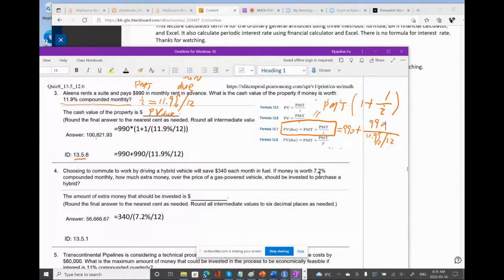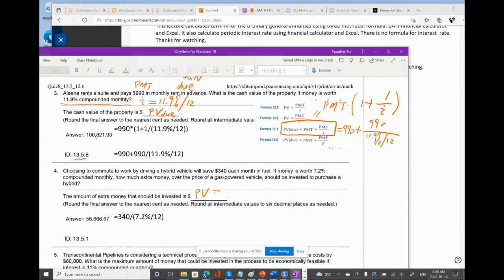If money is worth 7.2% compounded monthly, how much extra money over the price of gas-powered vehicle should be invested to purchase a hybrid? Okay. So this question asks you, what is the present value?